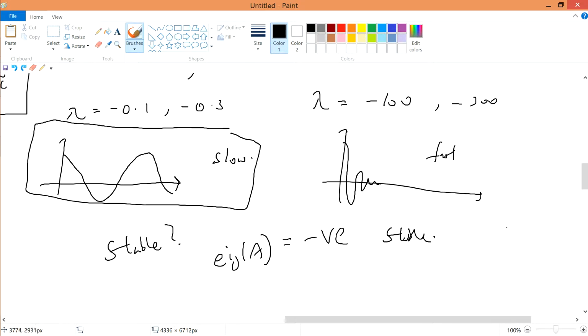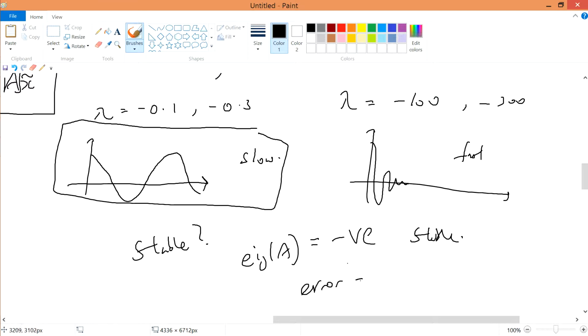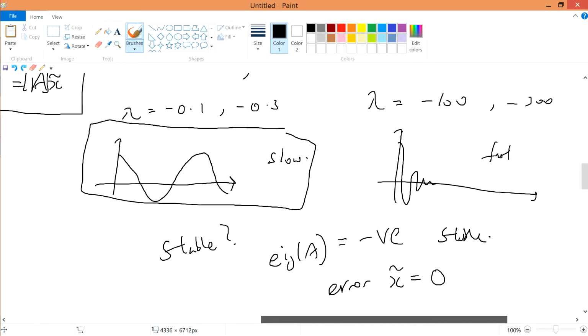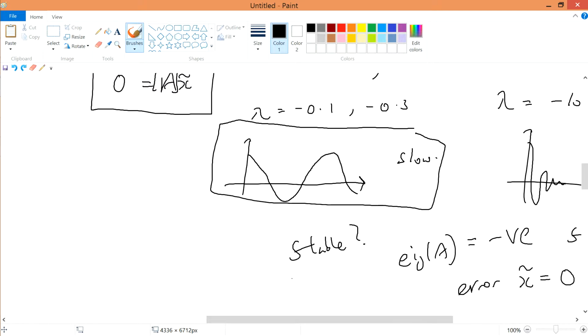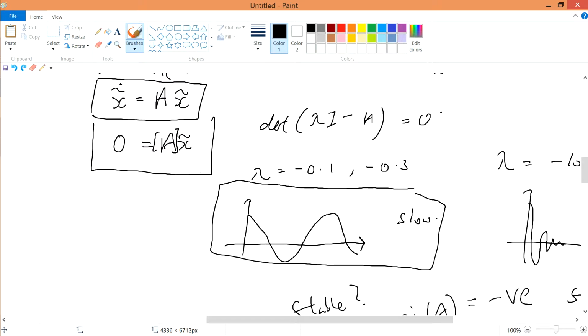And if your error, which is x curly bar, equals 0, this is something I really don't know, because we have told you that the error x curly bar is very tough to be 0, which we have told you earlier.